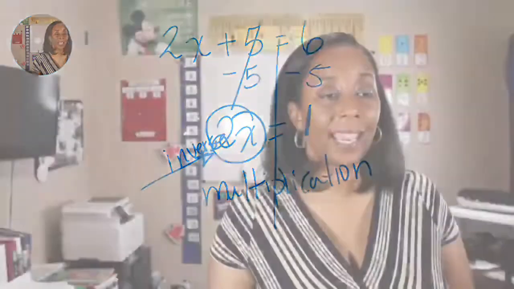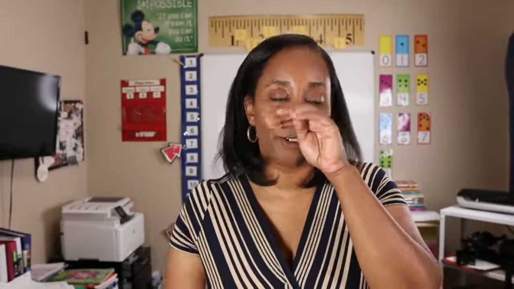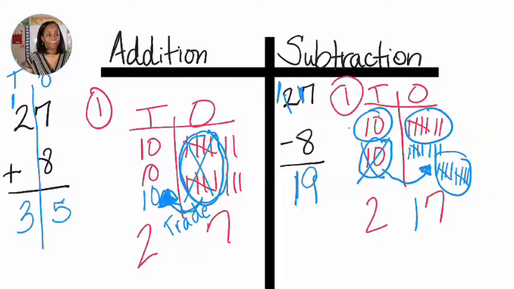So it goes back to what I was saying about adding and subtraction. You need to have those inverses there. And it directly correlates to this, knowing that these are opposites.